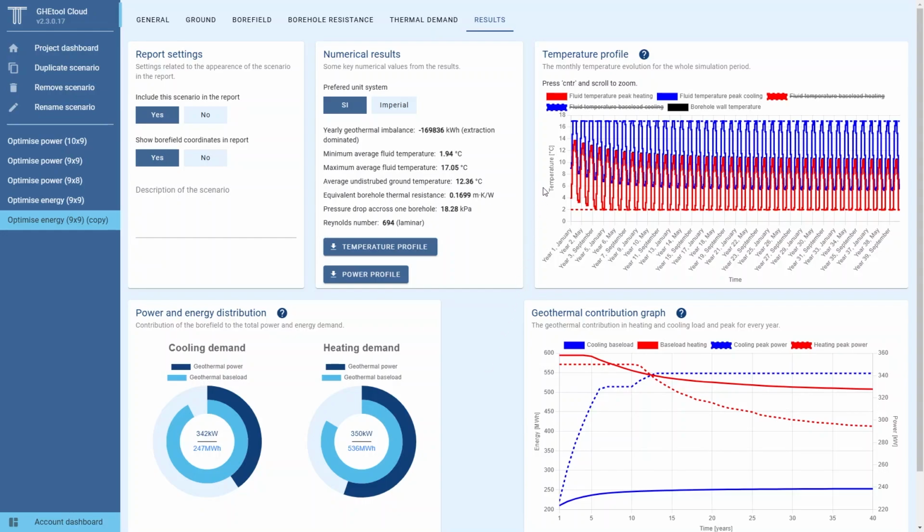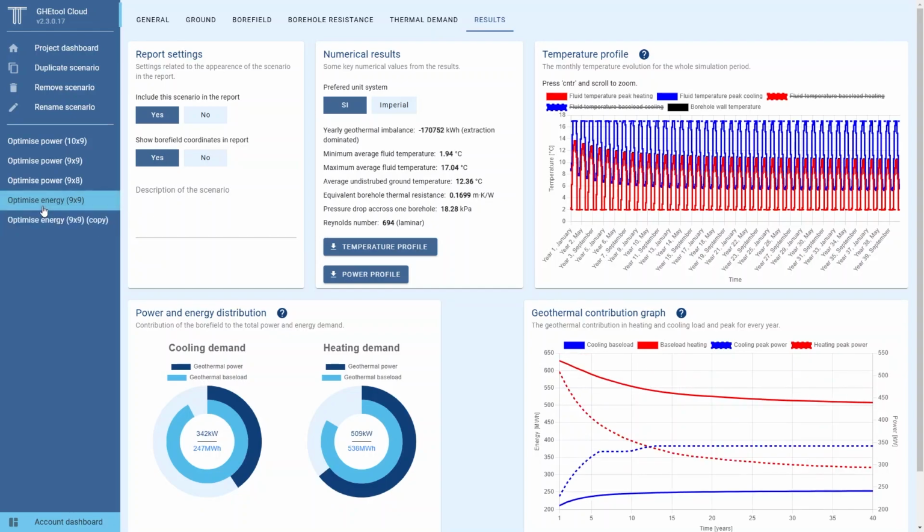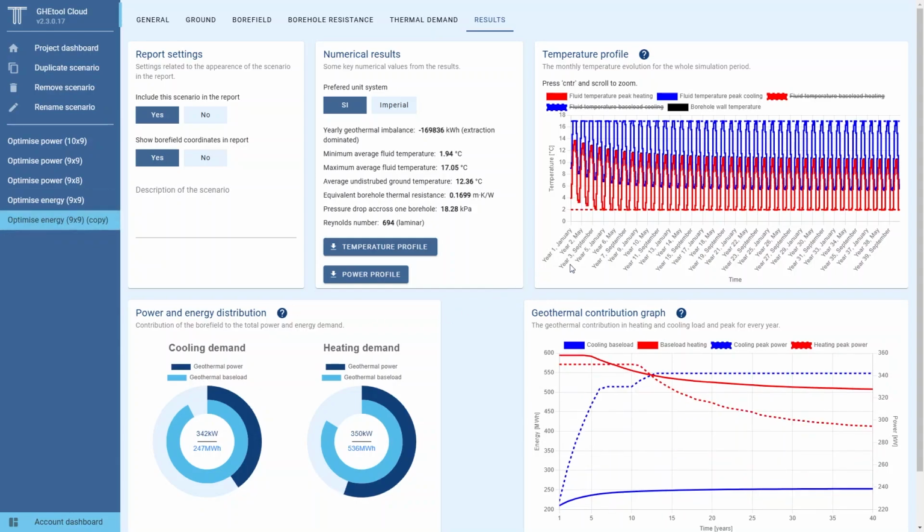So first, if you take a look at the temperature profile, we see that in comparison to the previous scenario, where we reached the minimum temperature also in the first year, we now have a little bit of energy potential left in this first year. And that's because we only install now 350 kilowatts of geothermal heating and no longer 509.